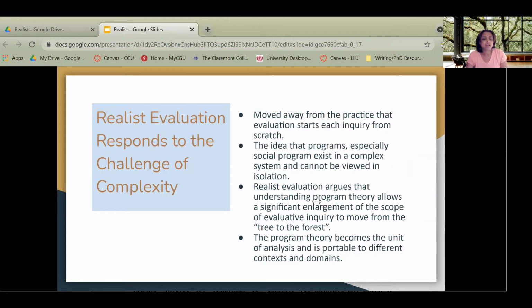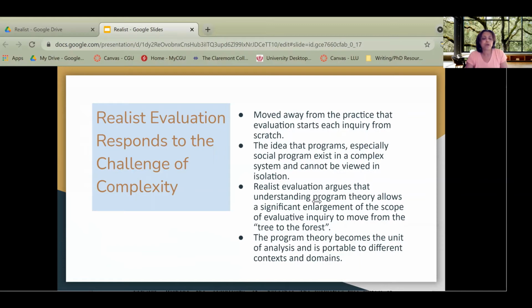Instead, Pawson argues for a focus on program theory to help produce significant enlargement of the scope of evaluative inquiry. In other words, to move from the tree to the forest by the use of two different modes. The first mode he terms from one to the many. He considers one strategy, such as the use of systematic review or meta-analysis, acknowledging the important gains that can be learned by looking at the same, quote, program theory as carried out in different trials, on different occasions, and in different populations.